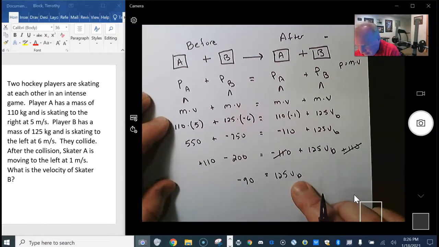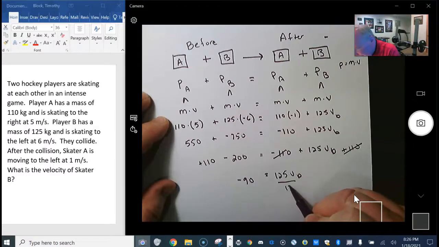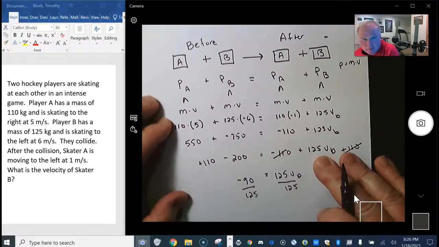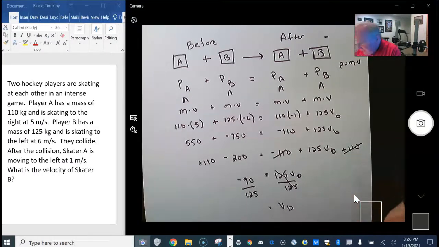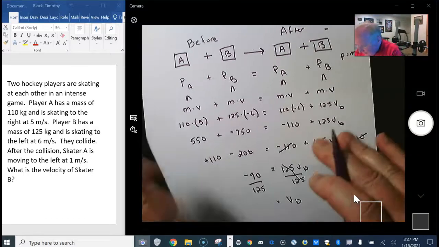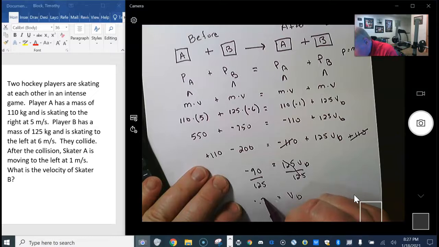Well, now we're multiplying by 125, so we're going to divide by 125 on both sides. All right, and this will cross out, and we'll get v of b is equal to a negative 90 divided by 125, or negative 0.72 meters per second.